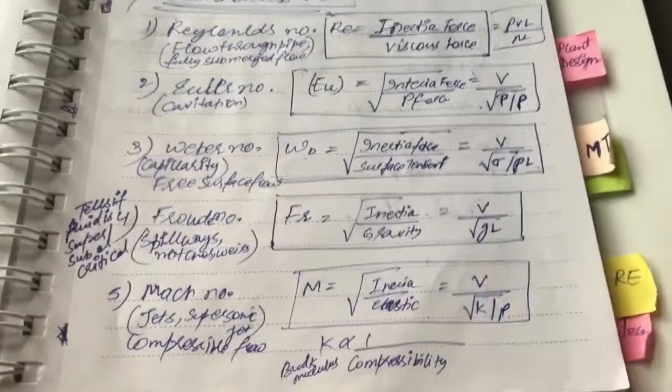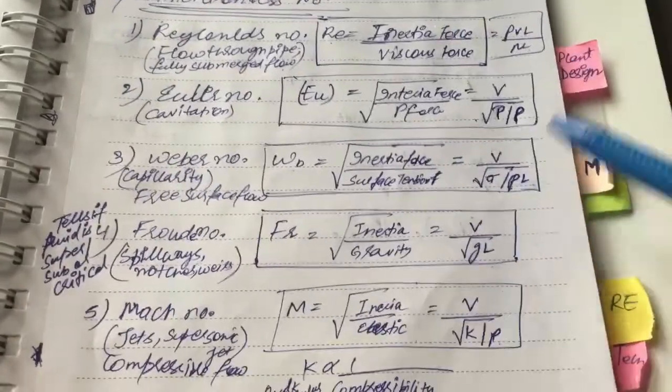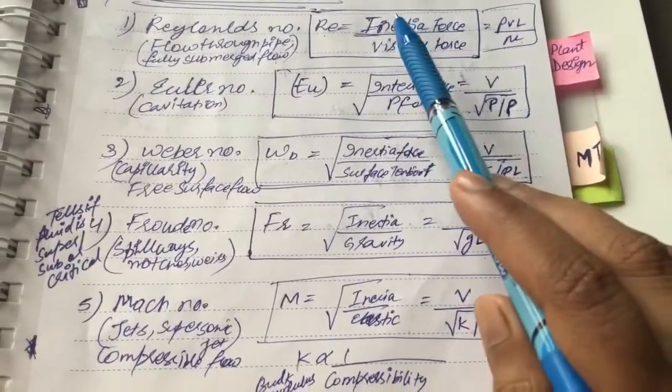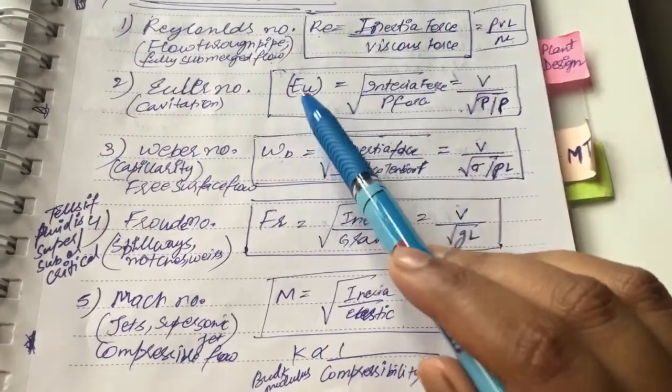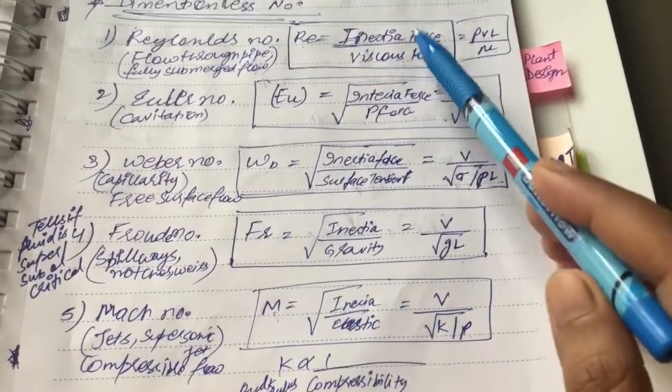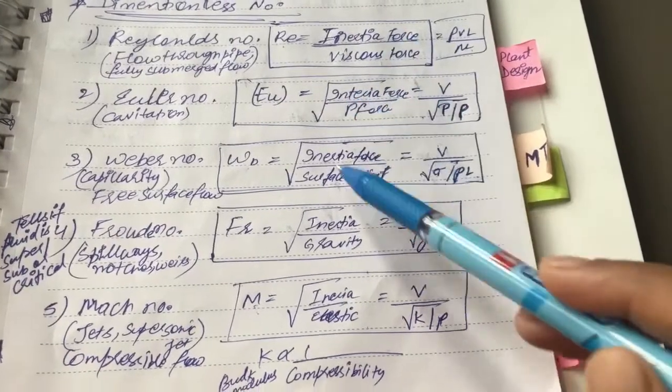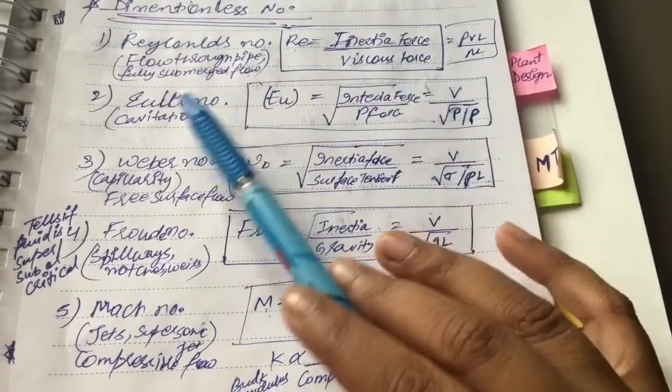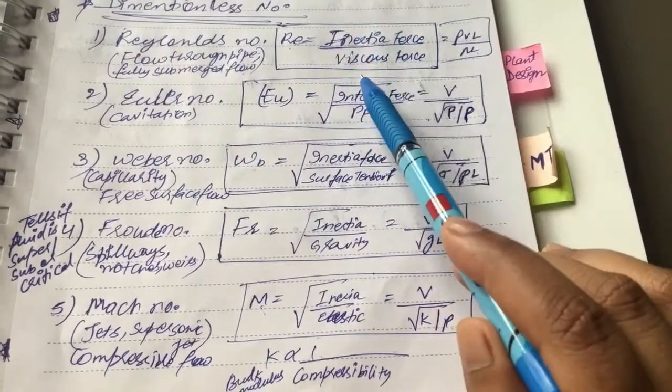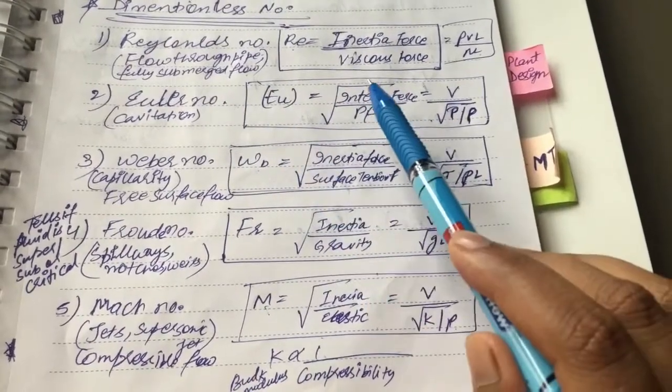So one easy method to learn all these is that you can notice in Reynolds number, Euler number, Weber number, Froude number, and Mach number, the numerator is always inertia. So Reynolds number is easy to learn: it is inertia by viscosity.